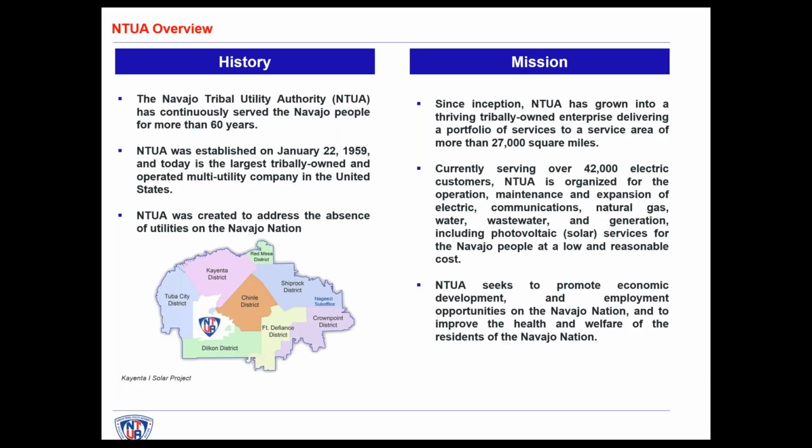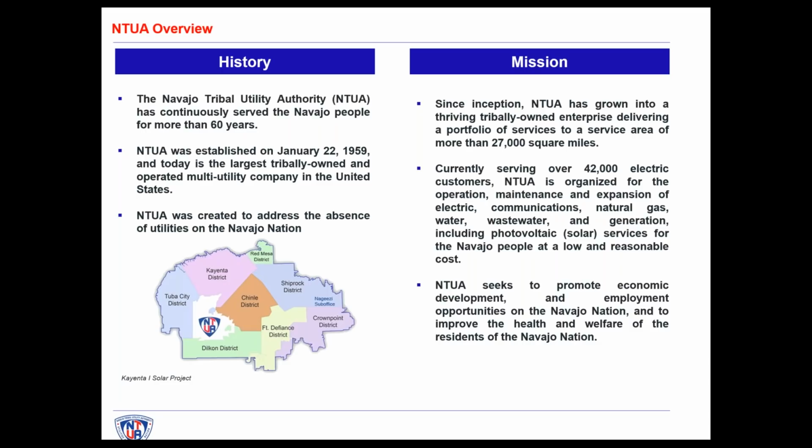And you can see on this slide a layout of Navajo Nation and our 8 districts. Those various colored pieces in the layout show our districts. And the one area, the white area to the lower left, is the Hopi reservation. So that's what the NTUA service footprint looks like.